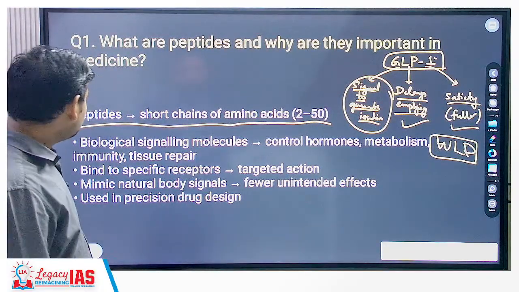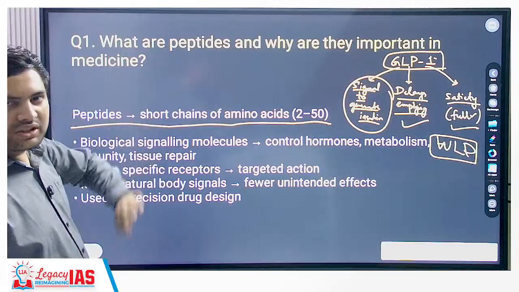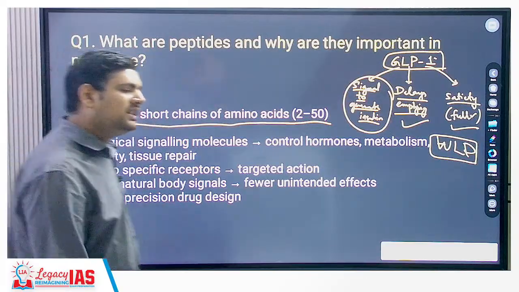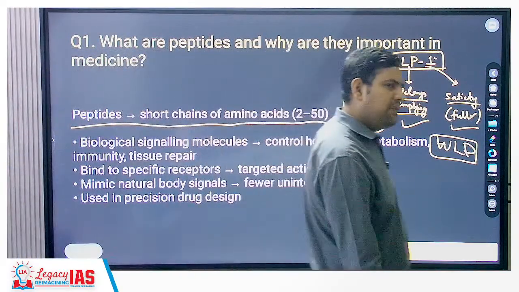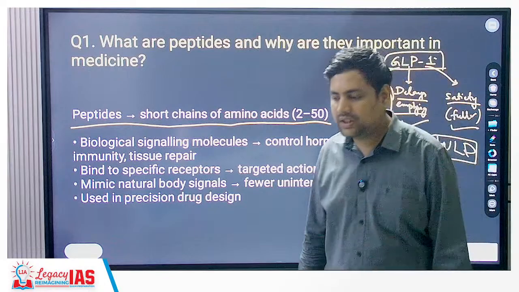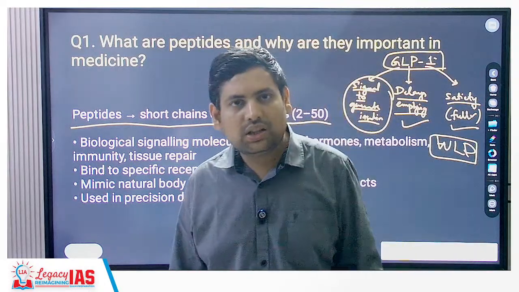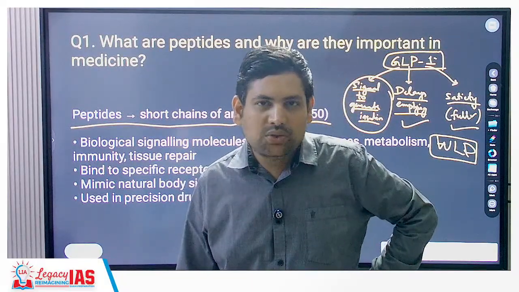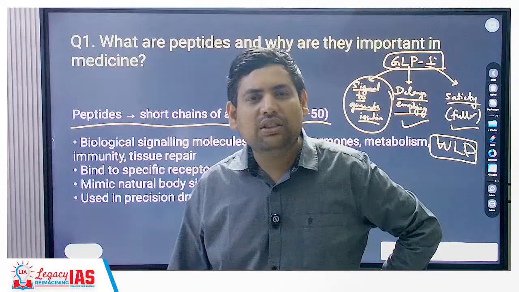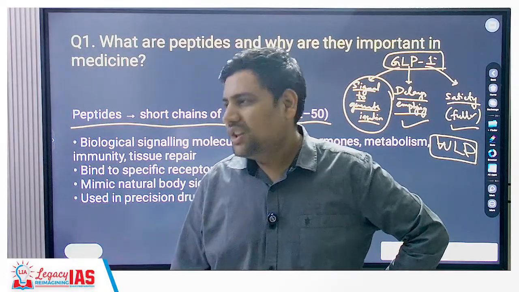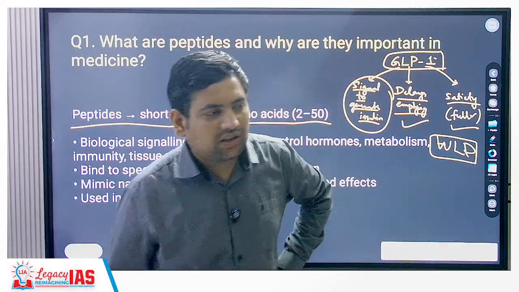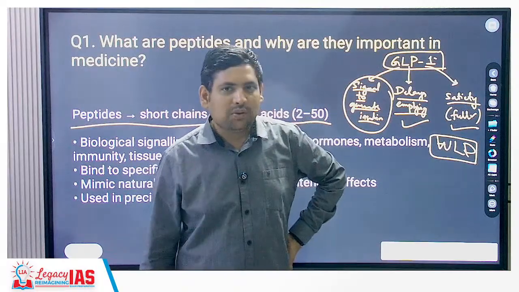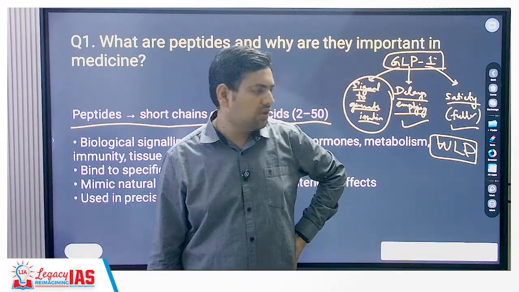Now once you have understood it for this one, similar peptides are important for different signaling in our body. For example, China has made certain kinds of peptides that can help in regrowth of hair. Usually we say that once hair is gone, it is very difficult for it to come back, though there are some desi things that you can do, people keep prescribing it, but not very good results.